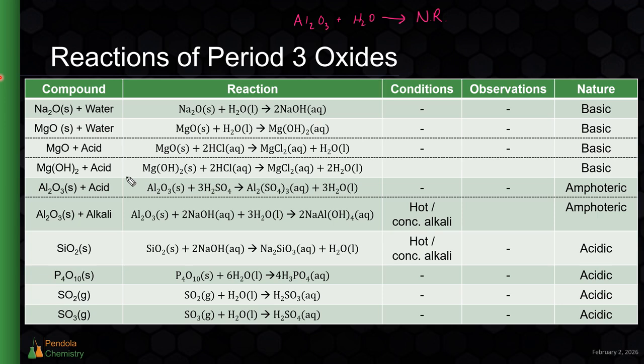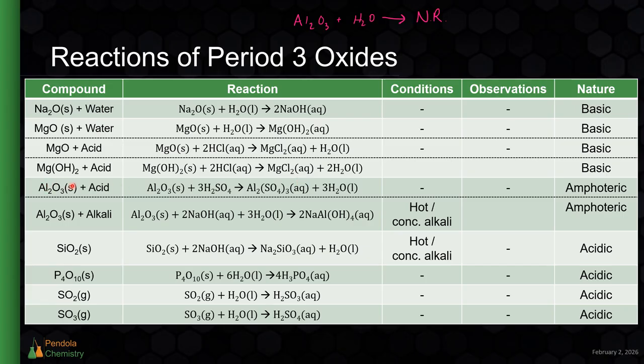But aluminum oxide does react with both an acid and an alkali, a base. So we say this compound is amphoteric. Aluminum oxide will react with an acid, like sulfuric acid, to create, again, the ionic compound made between that aluminum and the anion, in this case Al2(SO4)3, aluminum sulfate, and water.